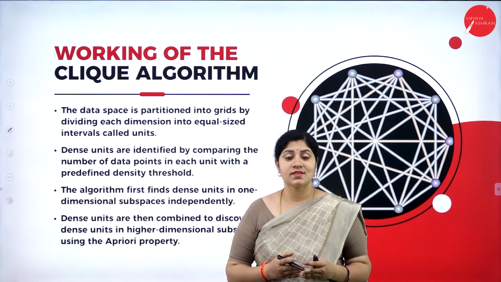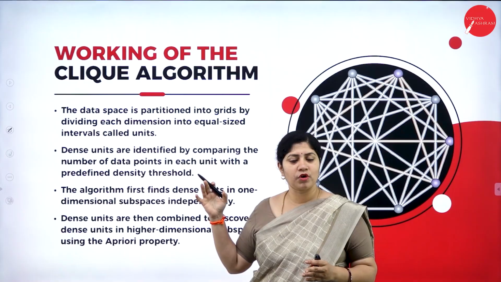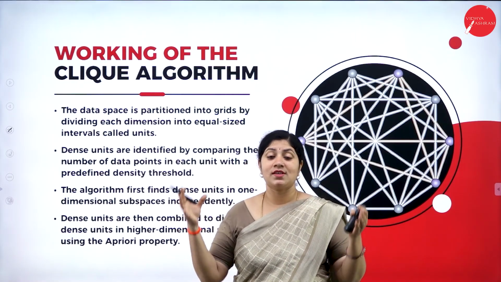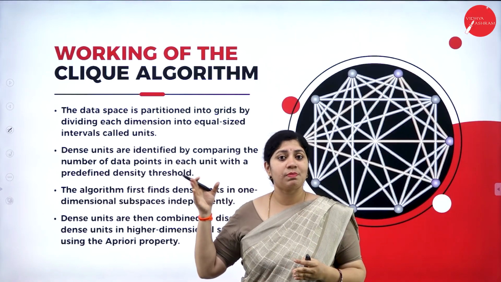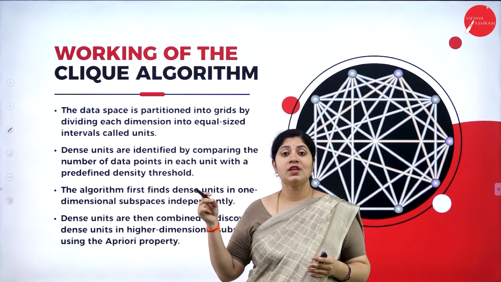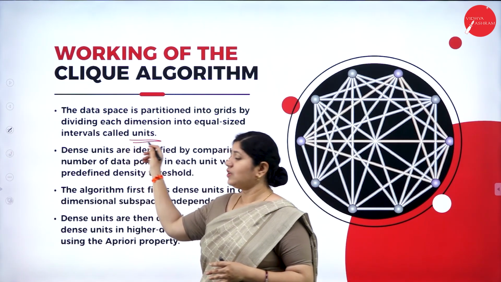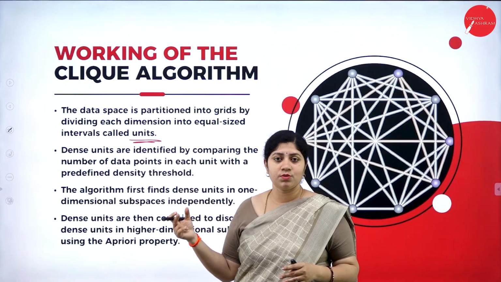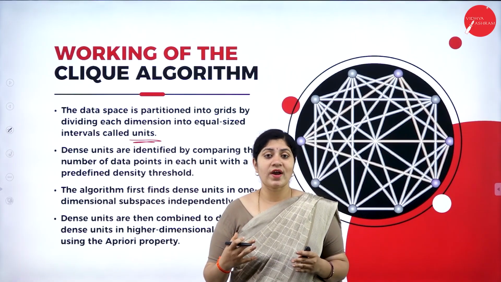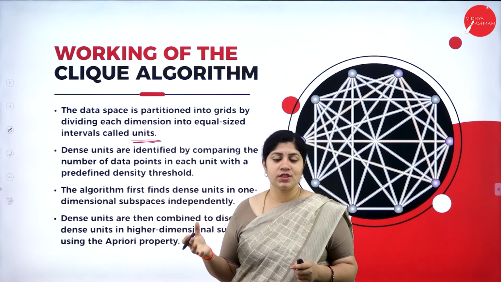Alright, now let's understand the working of the CLIQUE algorithm. This is very important, so let's understand this. It all starts with the data space. Initially the data space is partitioned into grids by dividing each dimension into equal-size intervals called units. So initially we have to create the units. Next, we are supposed to identify the dense units among all the created units.